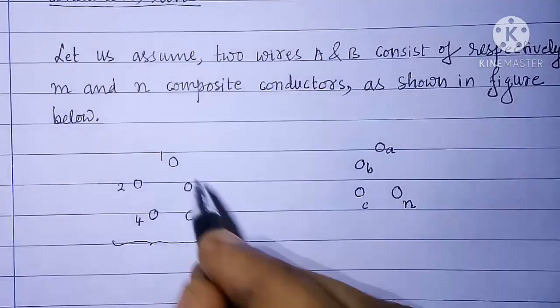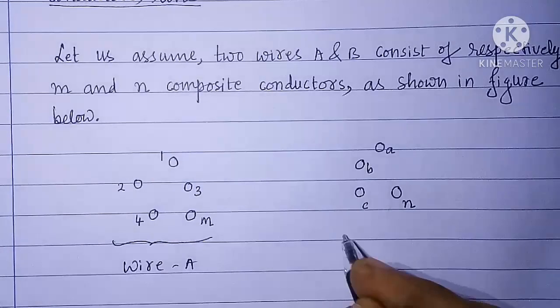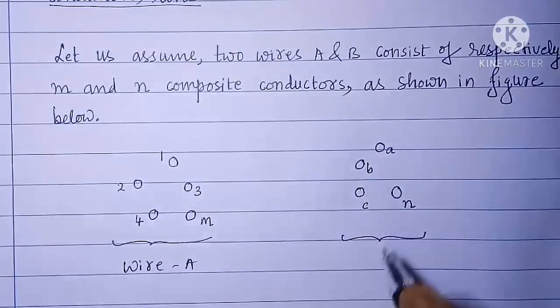See, these are composite conductors in wire A, and these are composite conductors in wire B.